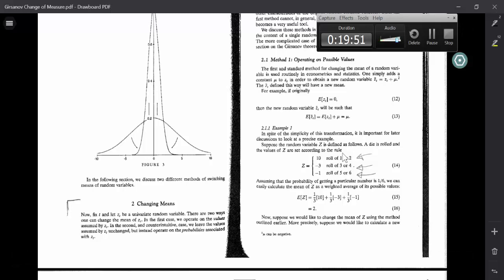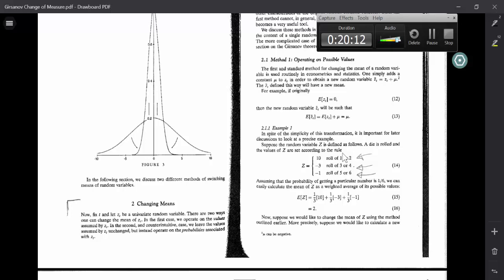Now you can immediately work out the expectation of this, which is not zero. So the mean is not zero. It's another way of saying there is some kind of a drift.